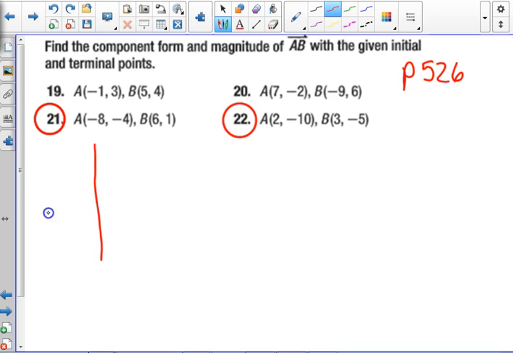Number 21 is talking about being over here 8 and down 4 and over here 6 and up 1, and it's going from A to B. So what are the components that would get you from A to B? Who remembers how you do this? How far over and how far up?